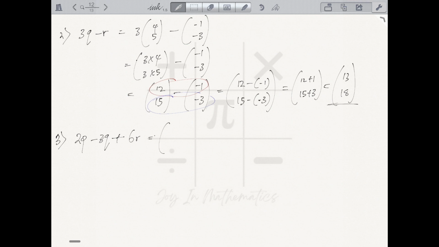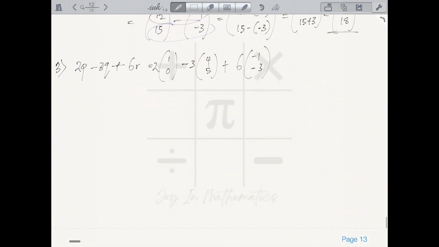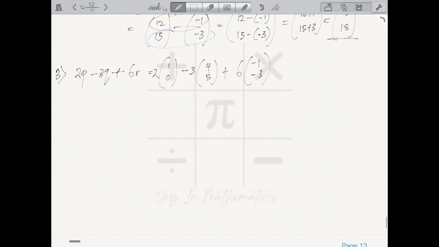What is our P? Our P is 1, 0. Our Q is what? 4, 5. And our R is minus 1, minus 3. So here it is. You can pause the video and give it a try. 2P minus 3Q plus 6R.